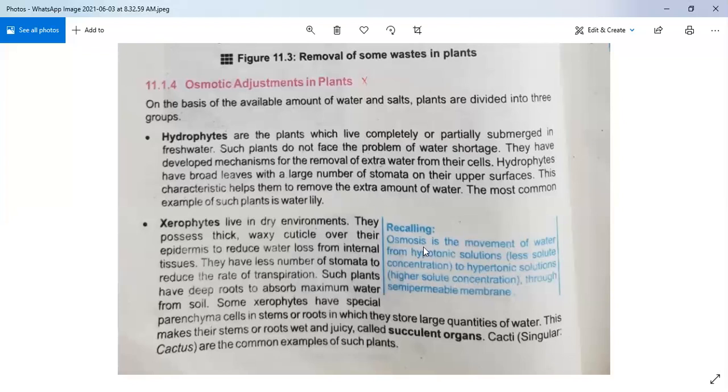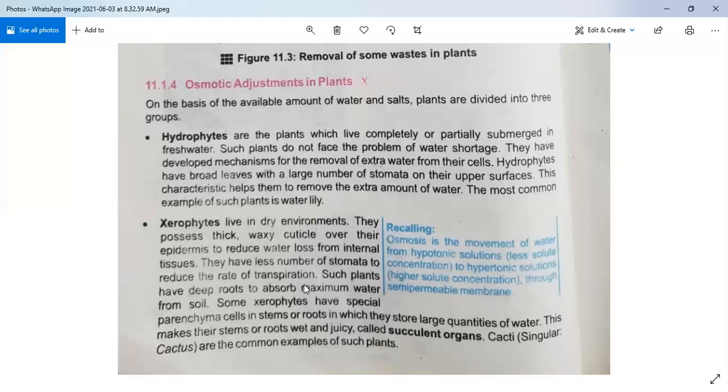Okay, so in simple words we can say osmosis is the movement of water molecules from higher concentration to lower concentration. This example fits with xerophyte plants because these plants have very deep roots inside the ground.